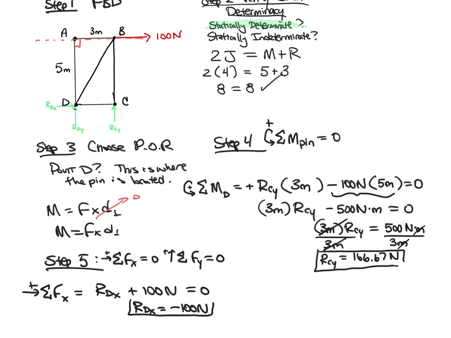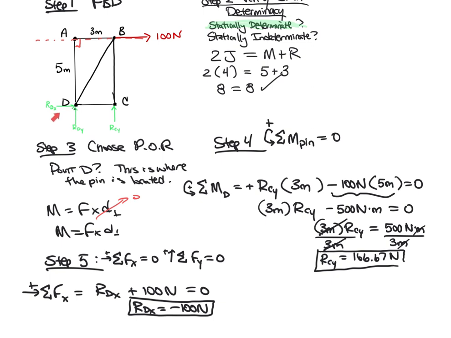And what does this tell me then? It goes the other way. Good job, Jacob. My assumption of RDX going to the right was incorrect. And again, you're going to have to be okay with that. Some of you are like, how do I always be right? Well, you just think about it a little more then. So if you want to always be right, assume the opposite. But I want you to follow a process so that we're all on the same page.